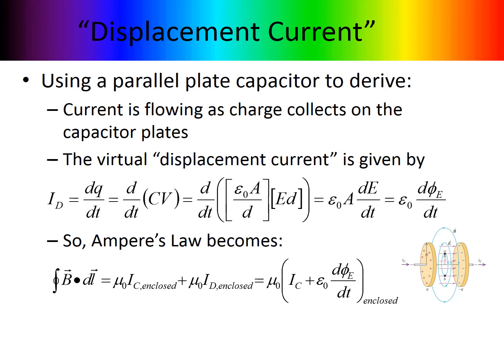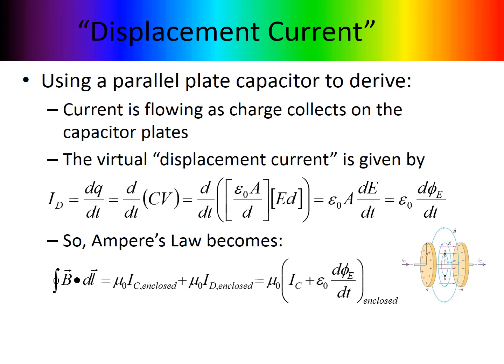What this is showing is if you have a changing electric field through a surface, you can explain it in terms of a displacement current. And so then we can plug it into Ampere's law. Ampere's law now is mu sub 0 IC enclosed plus mu sub 0 ID enclosed.